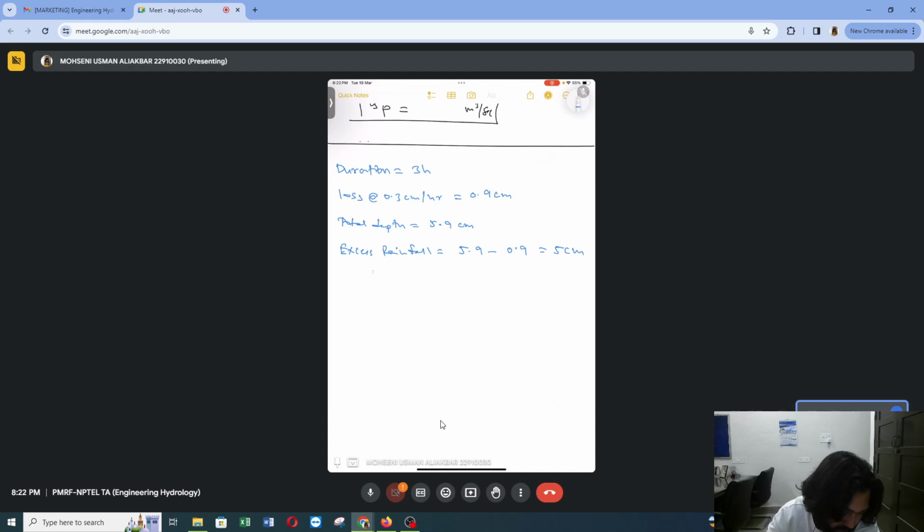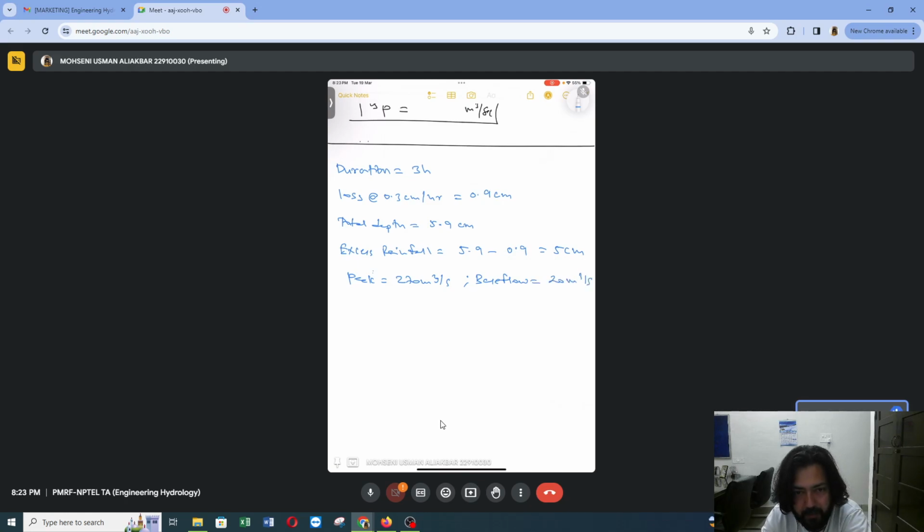Also they have given us the peak flow of hydrograph, that is 270 meter cube per second, right? So this is the peak flow of the storm hydrograph, but we need the peak of DRH. So how can we calculate the peak of DRH? They have given us the base flow value, which is 20 meter cube per second.